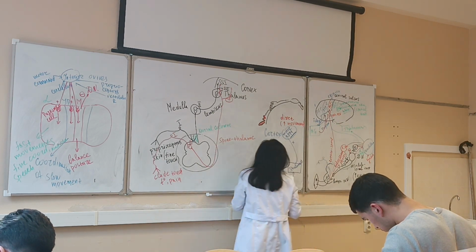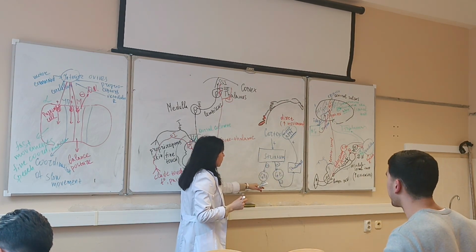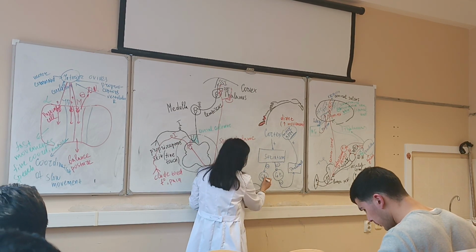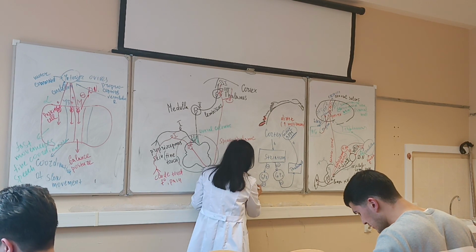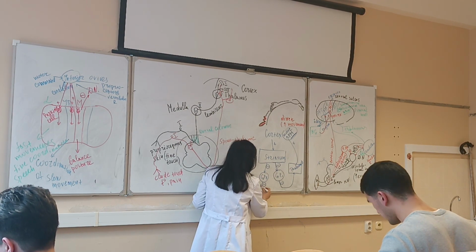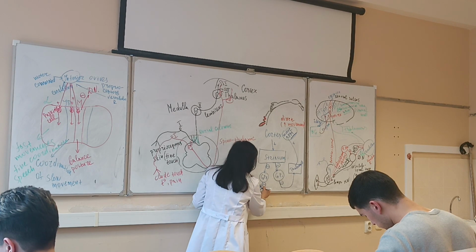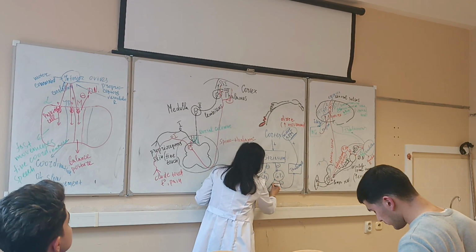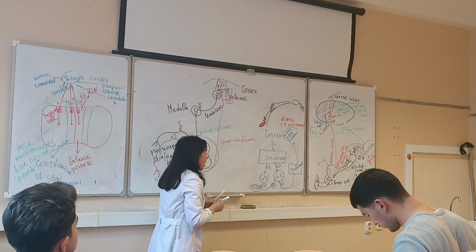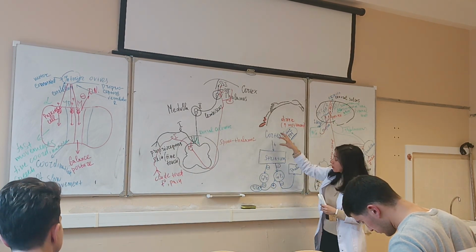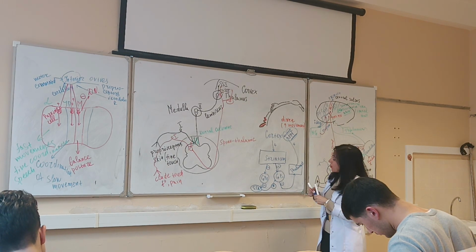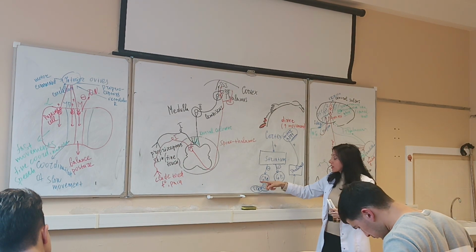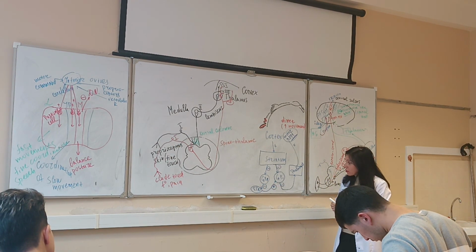Opposite pathway. Again, double inhibition, but this inhibition influences the subthalamic nucleus, and subthalamic nucleus stimulates globus pallidus internal part. What does it mean? With activation of this pathway, double inhibition activates subthalamic nucleus.